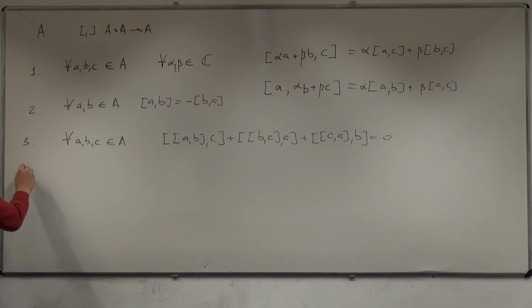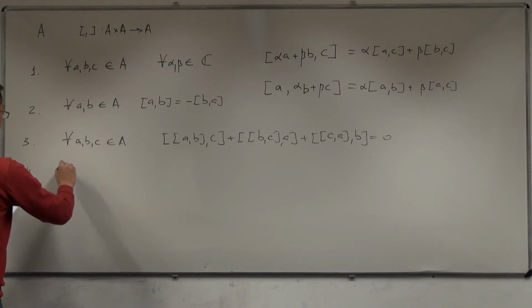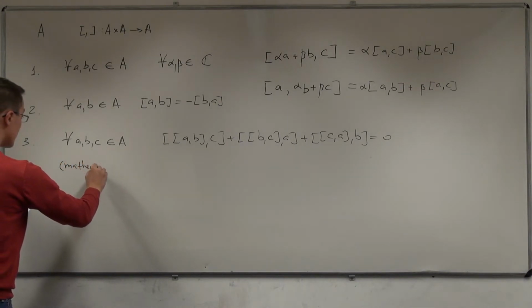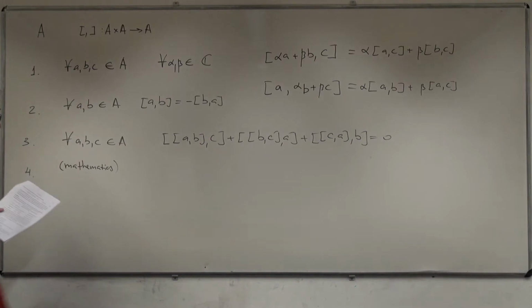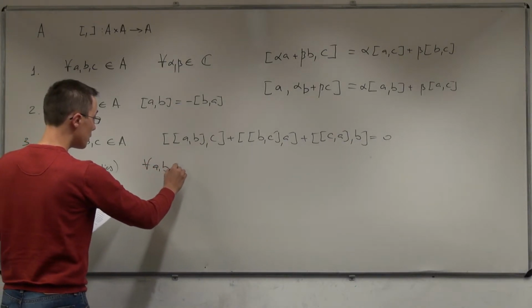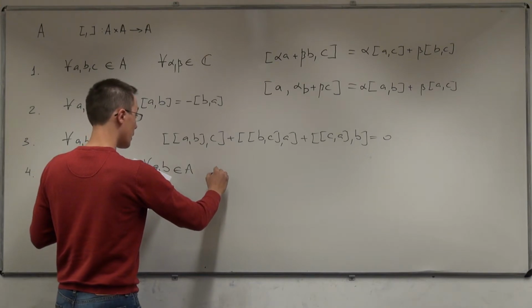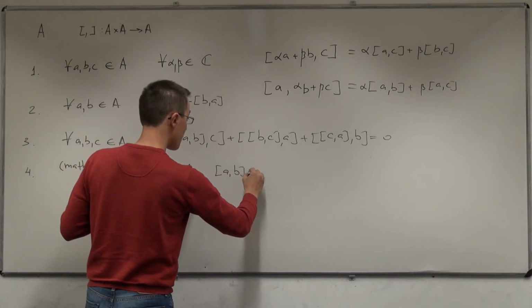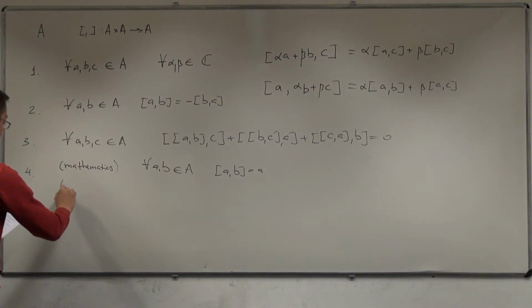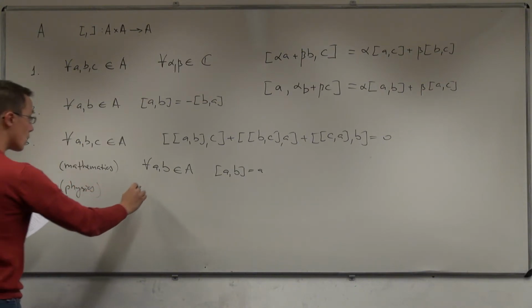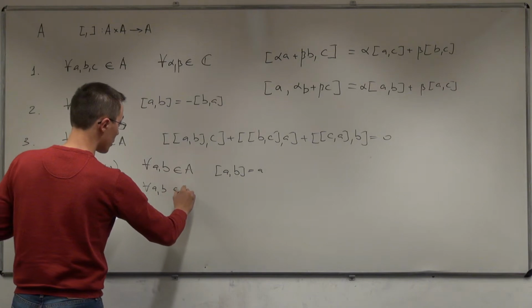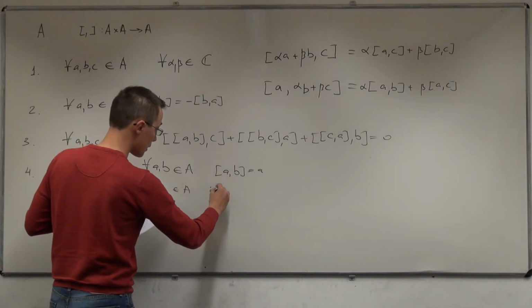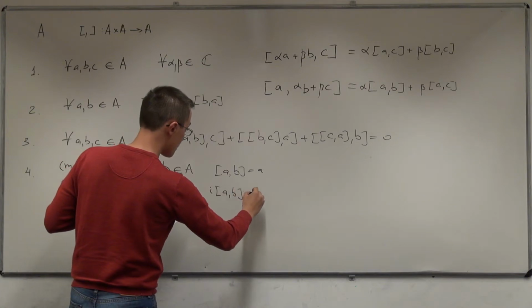And condition number 4 is where mathematicians start to differ from physicists in the way they define Lie algebras. So, in mathematics, for any A and B belonging to A, the bracket must belong to A, but in physics, for any A and B belonging to A, i times the bracket must belong to A.